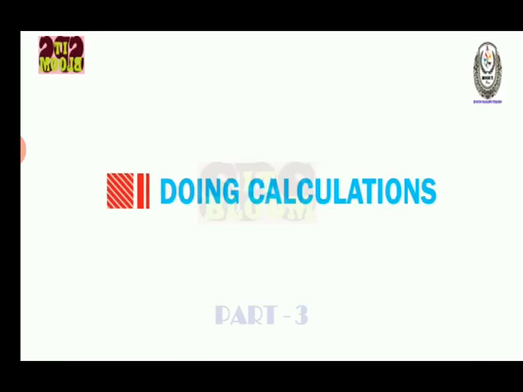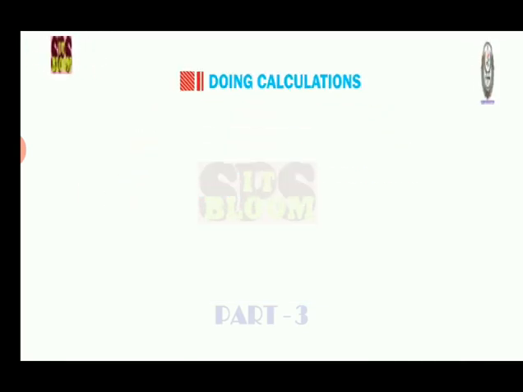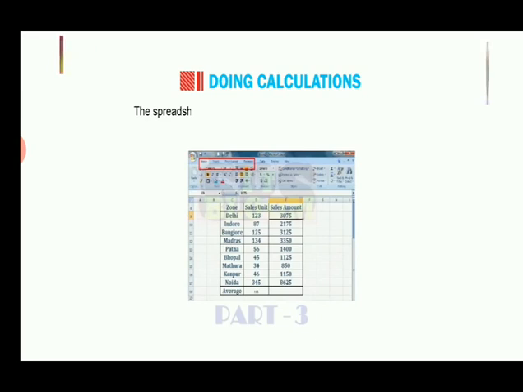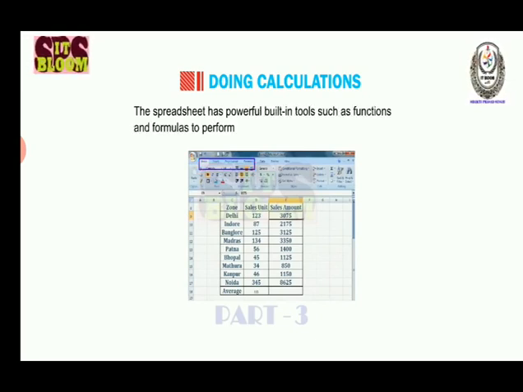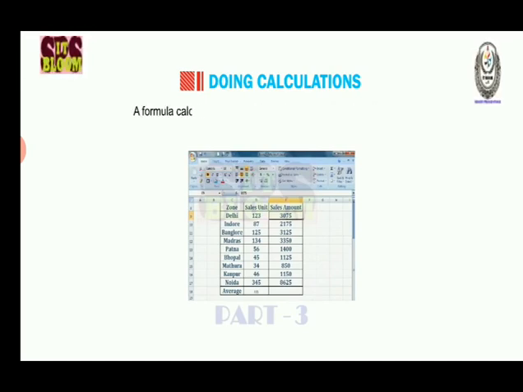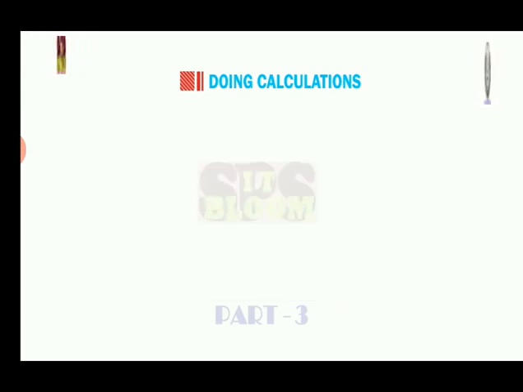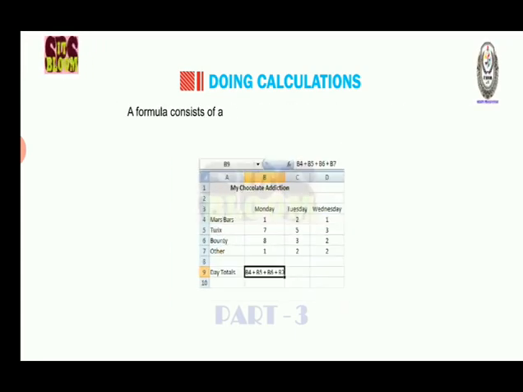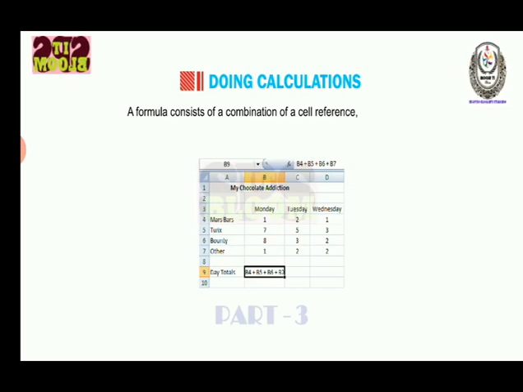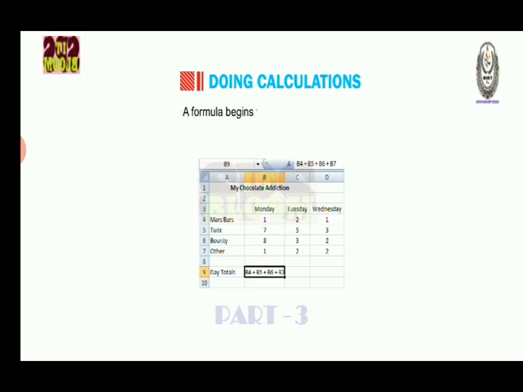Let me now tell you how to do calculations. The spreadsheet has powerful built-in tools such as functions and formulas to perform calculations on the data. A formula calculates values displayed in the cell to return a result. A formula consists of a combination of cell references, numbers and arithmetic operators. A formula begins with the equal to sign.